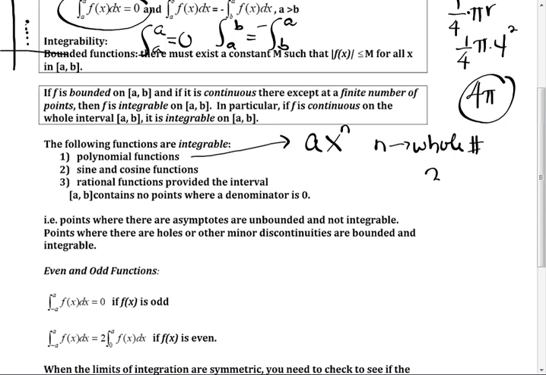So like 3x to the 4th. That's a polynomial. Sine and cosine. You can integrate that everywhere, because it's bounded. I mean, certainly it's continuous. Rational functions everywhere except where the denominator is 0. That's those improper integrals. So it's a vertical asymptote. That's a problem. It says right there, points where there are asymptotes are unbounded and you cannot integrate them.